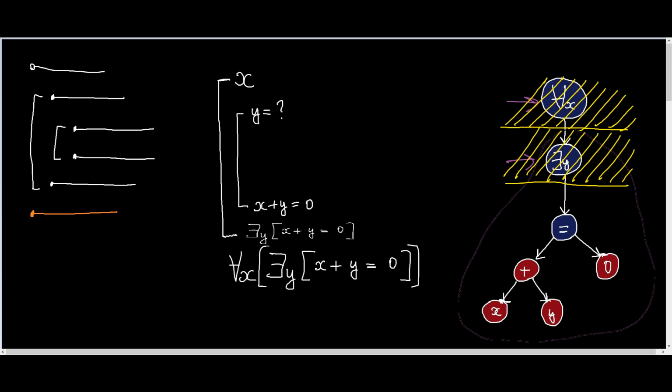So we said that we know basic arithmetic, so we know that when we have a number, we can take minus of that number, right? And so that's what we're going to do here. We're going to take y equals minus x. Now I have to confirm that x plus y equals 0.